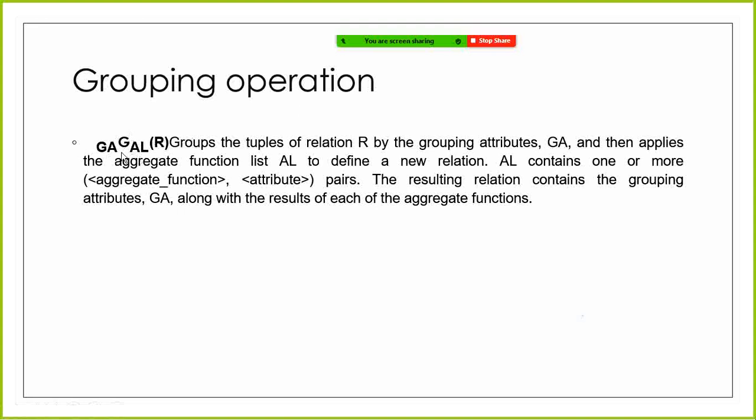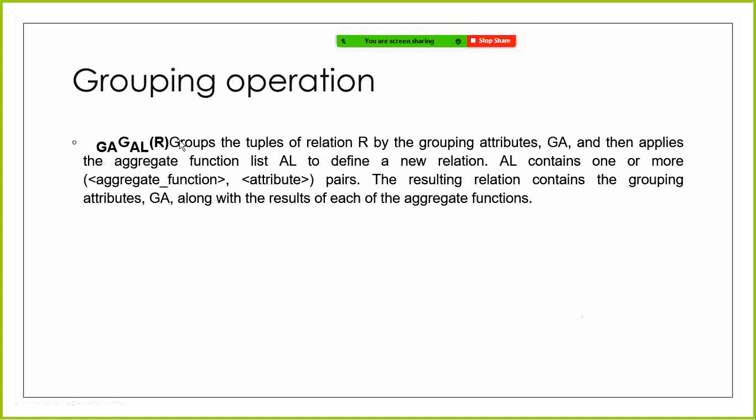This groups the tuples of relation R by grouping attributes GA and then applies the aggregate function list to define a new relation. AL contains one or more aggregate function attribute pairs. The resulting relation contains the grouping attributes GA along with the result of each of the aggregate functions. So we can also use grouping operation.